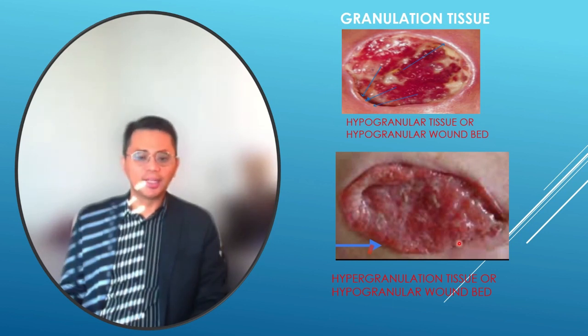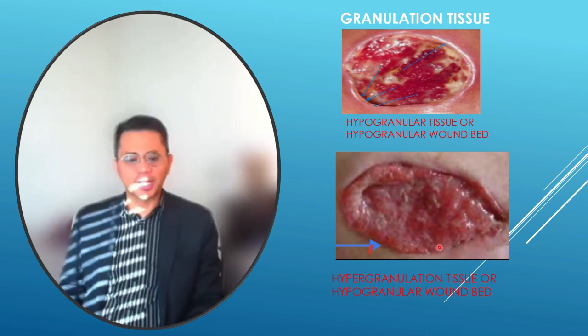There are causes of the wound base to be hypogranular, or the sluggish growth of a granulation tissue, and also different reasons why the granulation tissue would overgrow. It's beyond the scope of this discussion, or else this video will be very, very long, but let me just give you a little bit of a bird's eye view on what is going on in here.